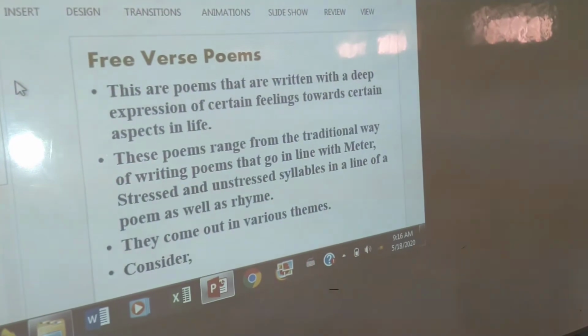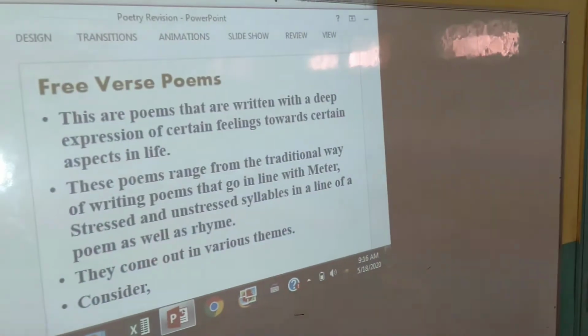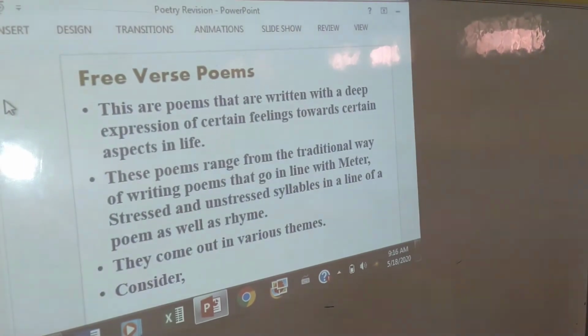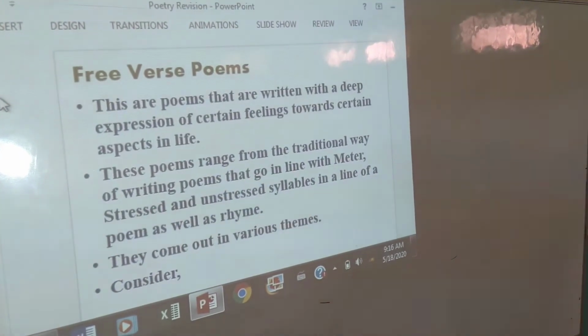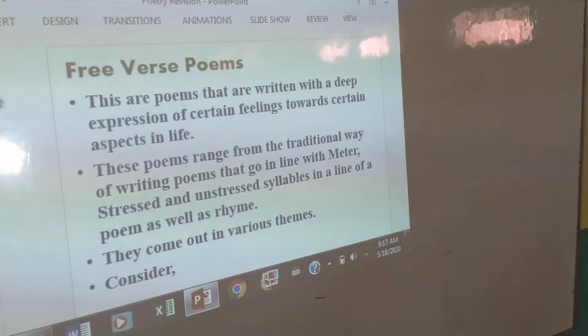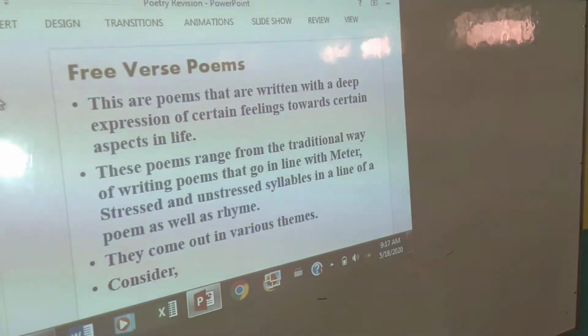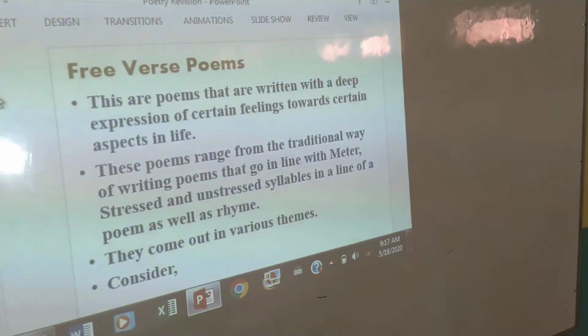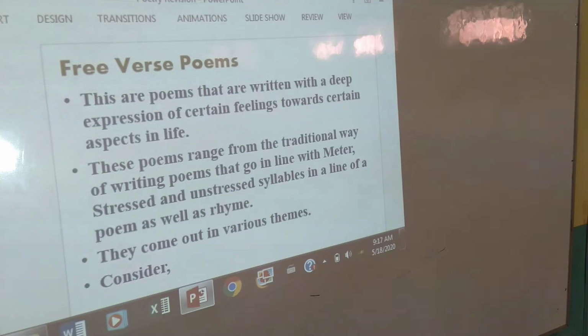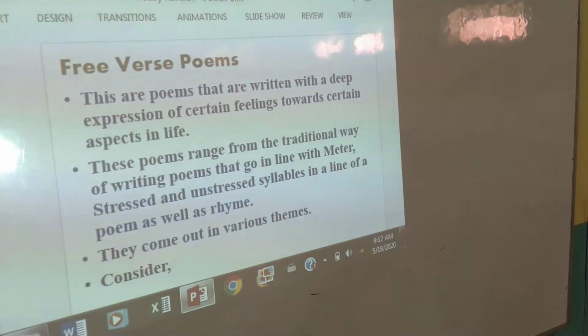And these poems are written with a deep expression of a certain feeling towards certain aspects in life. These free verse poems depart from the traditional way of writing poems that go in line with meter, stressed and unstressed syllables in a line of a poem, as well as the rhyme itself.